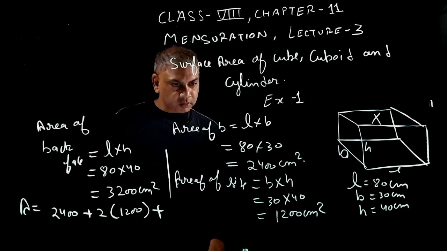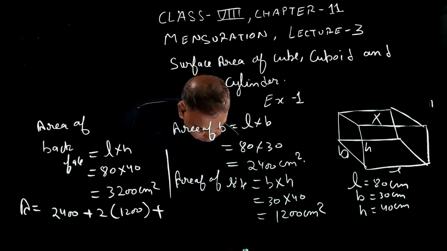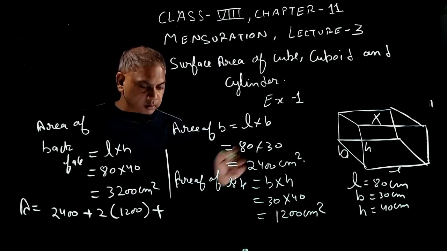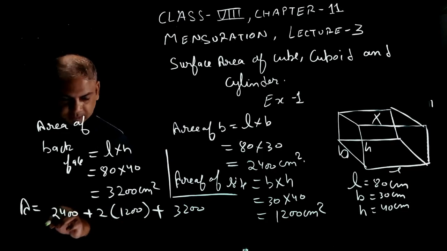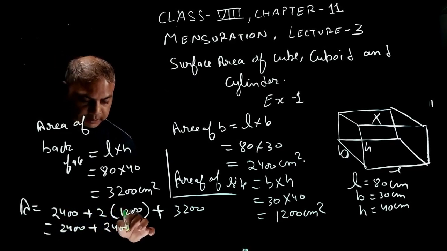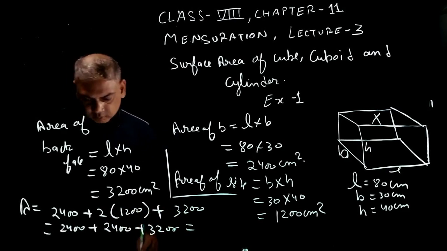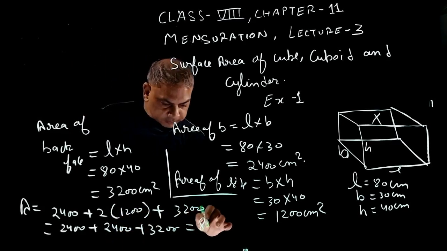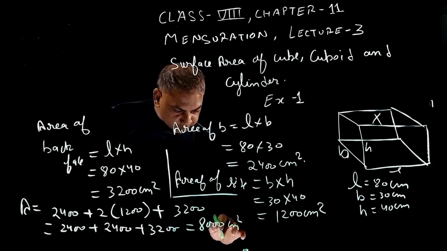Area of the back is equal to 3200. Base हमारा आ गया 2400, side हमारा 2400, and this will be equal to 3200. So this will become 2400 plus again 2400 plus 3200, 8000 centimeter square is your answer.